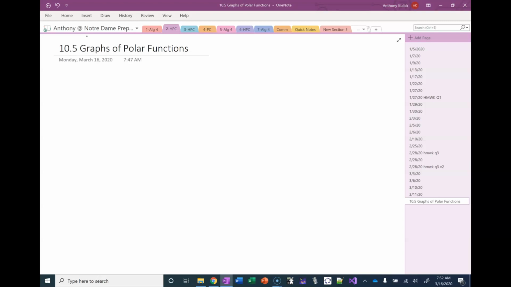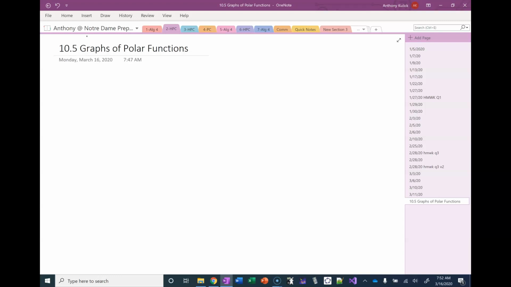It turns out that's not exactly the case, because there are polar functions that are not really feasible to create graphs of in a Cartesian setting, mostly because they would fail a vertical line test, and it's rather difficult to do that. However, we can deal with these things in a polar graph setting.